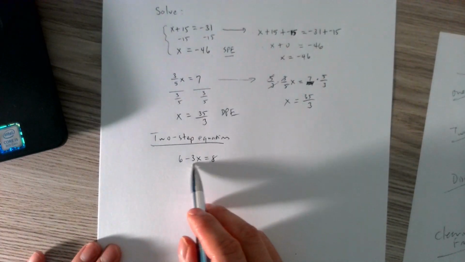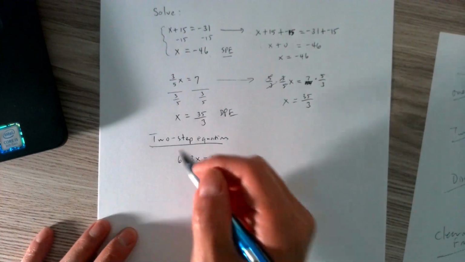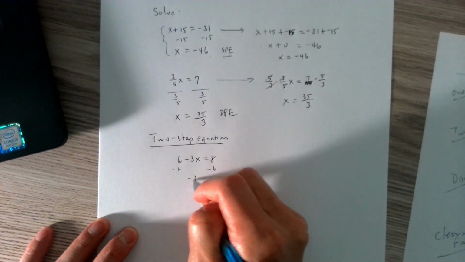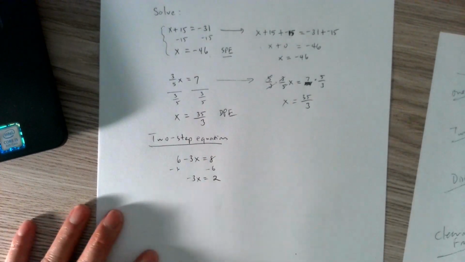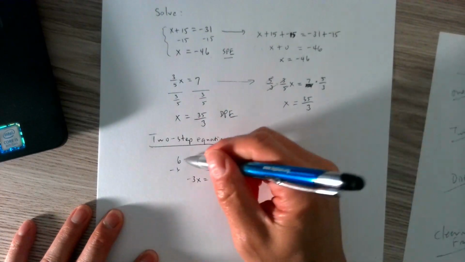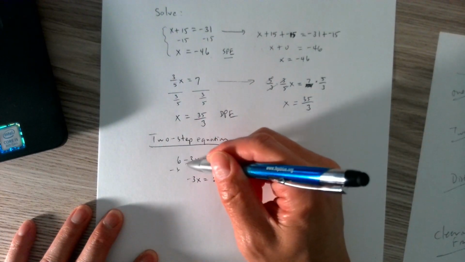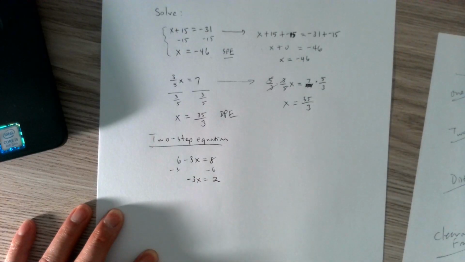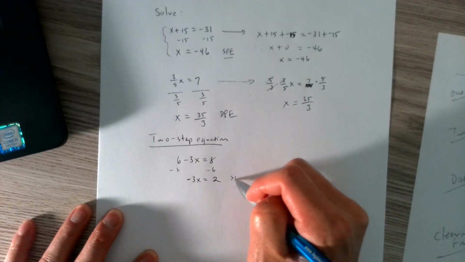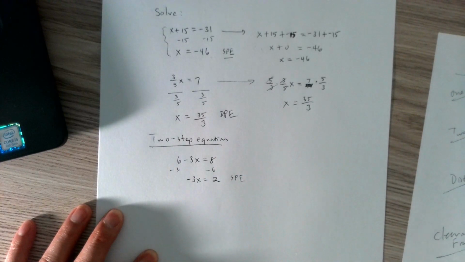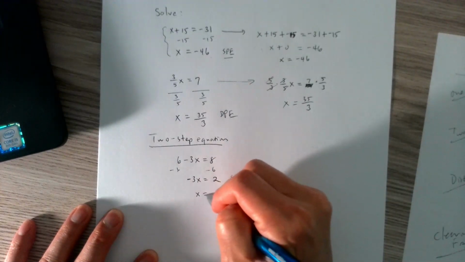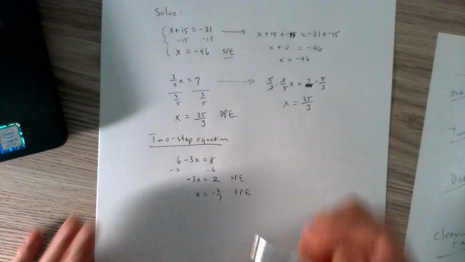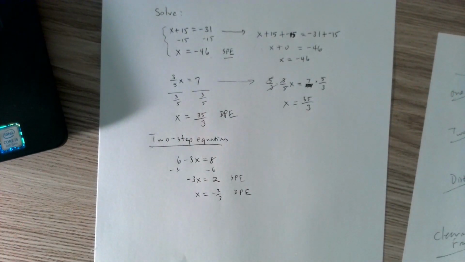And then I can work on getting rid of the negative 3. So first, getting rid of the 6, I subtract 6 from both sides. And don't forget that negative sign, that's a plus negative, right? That minus is a plus negative, so that negative is still there, the negative 3. So that's an SPE step I just did. And then x is negative 2/3 when I do my DPE step, dividing both sides by negative 3.